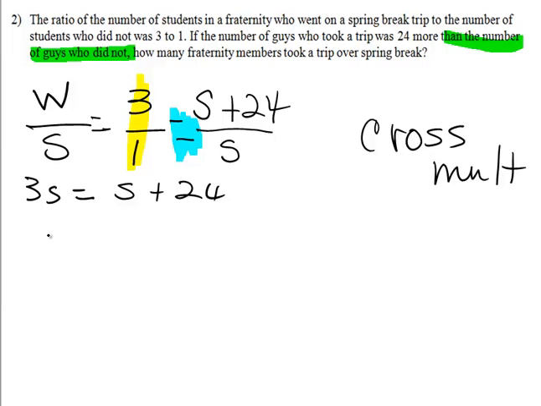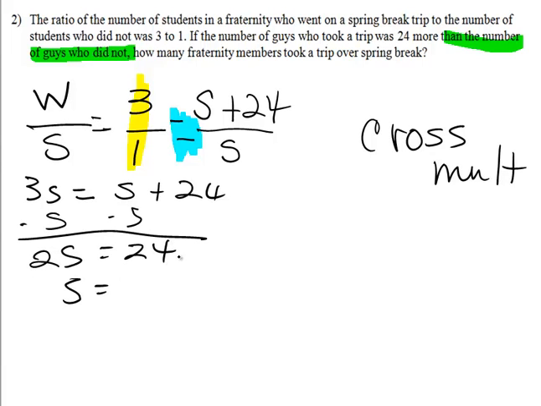And we can subtract that s and that s. So we'll have 2s equals 24. Divide both sides by 2. S equals 12.